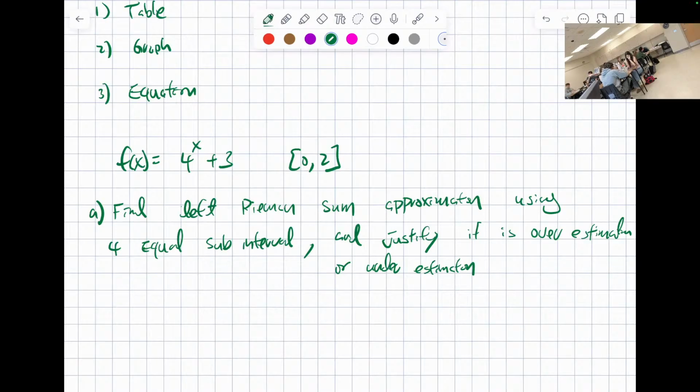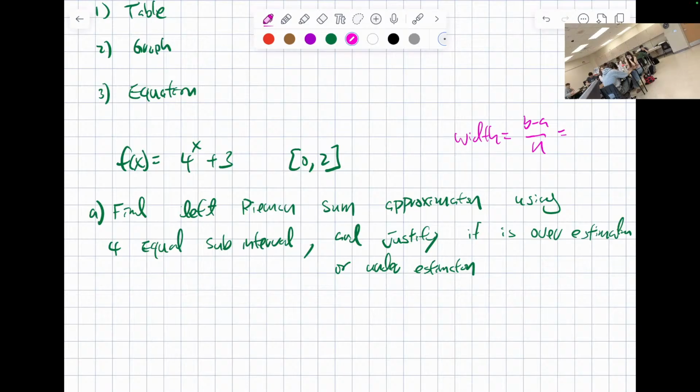So Stefano says, hey, let me construct a table, right? And he figured out that it's between 0 to 2. The best way to think about it is the width equation. The width is delta x, which is b minus a over n.